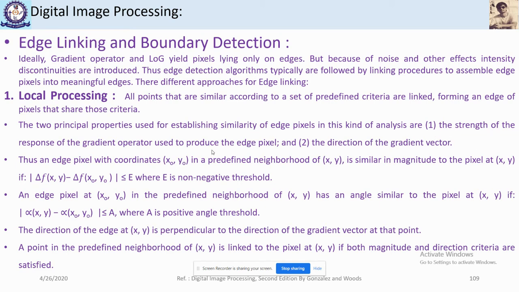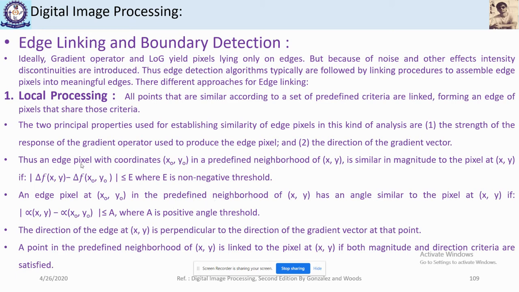The strength of the response of the gradient operator used, that is, what is the strength of the gradient operator at those two points, and the direction of the gradient operator, that is, at those two points, what is the direction of the gradient vector? These two properties are used for determining whether there will be a linkage between these two points or not.